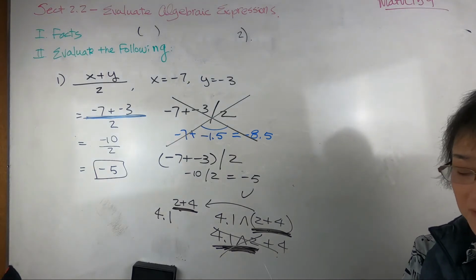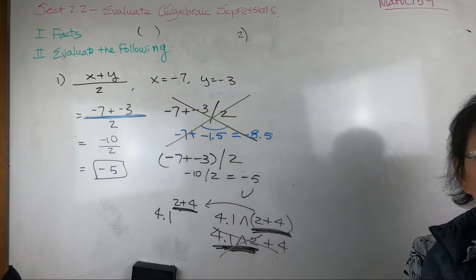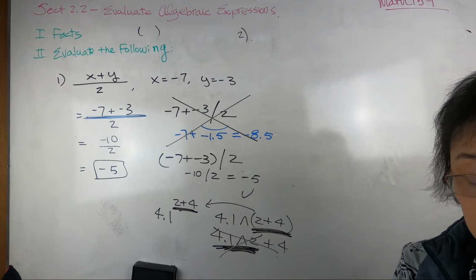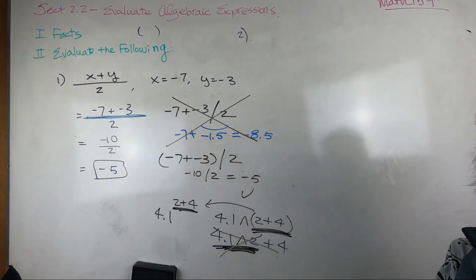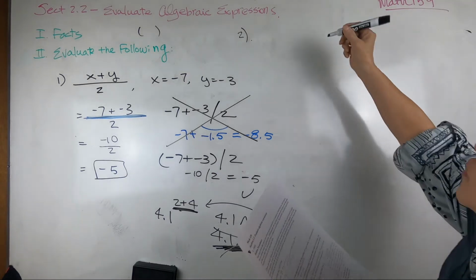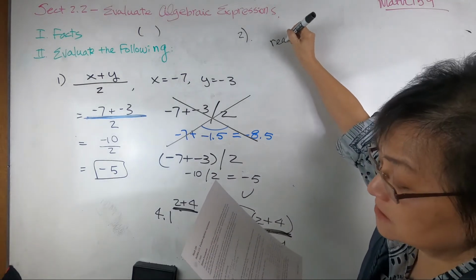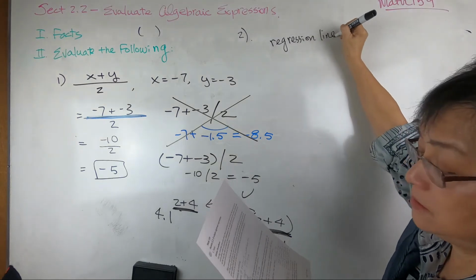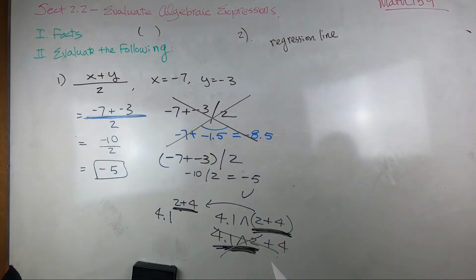You say, what do they want us to do? So you have to figure out what you need to do. Let's read through the question first. Suppose that equation, something called the equation of a regression line. When you read this problem, first, you don't understand what a regression line is.